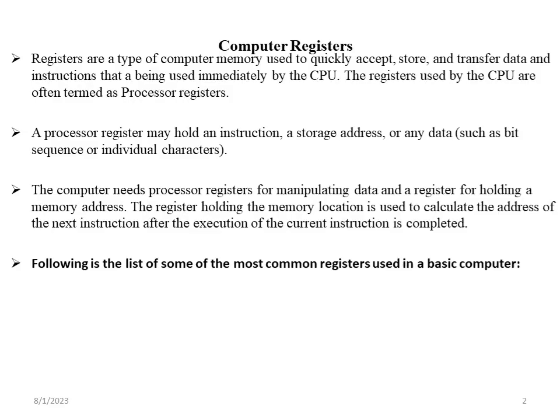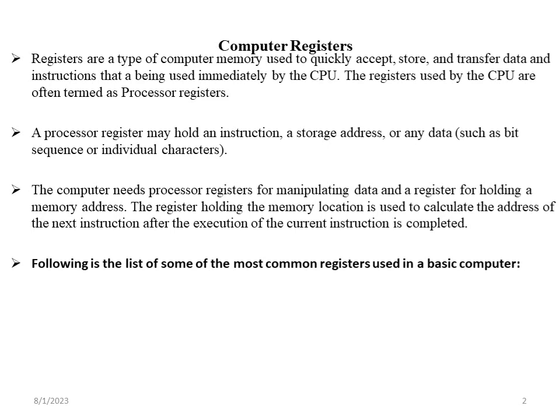So first, before going to see about the instruction execution, let us see what computer registers are. Registers are a type of computer memory used to quickly accept, store, and transfer data and instructions that are being used immediately by the CPU. The registers used by the CPU are often termed processor registers.